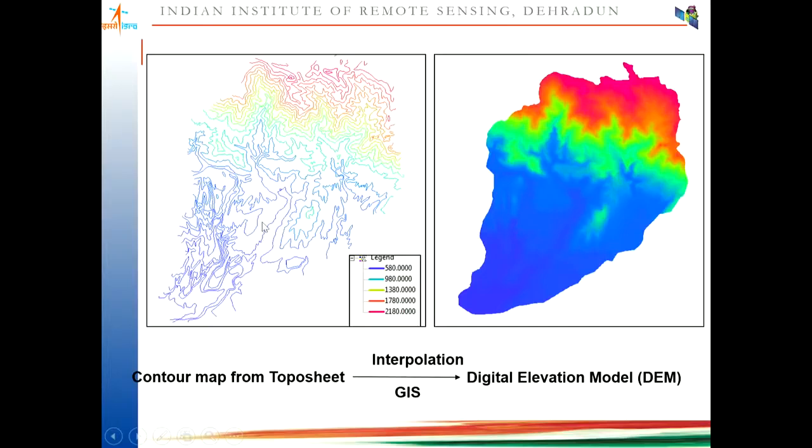So there is a gap. This gap we can fill through interpolation using GIS, and we can generate continuous land elevation information, which we call a digital elevation model. Now you see the DEM generated from the contour map. This is the higher elevation, and this is the lowest elevation.